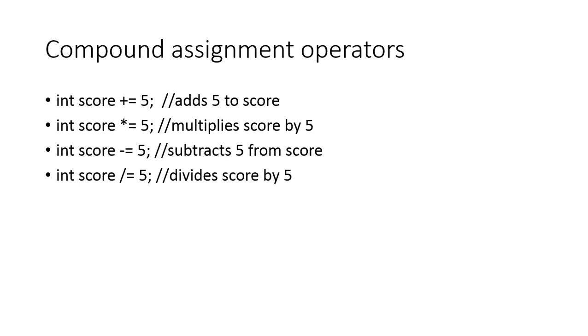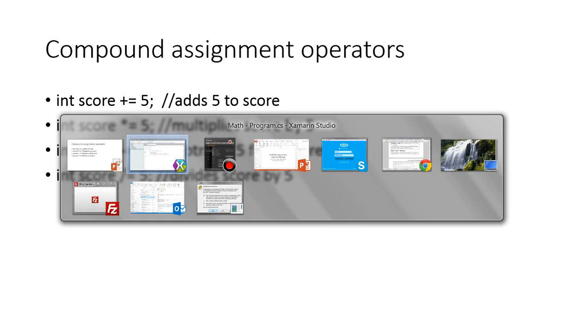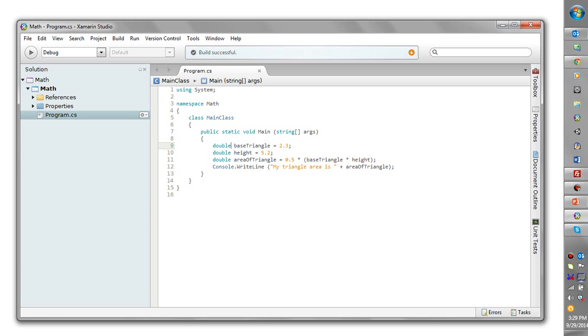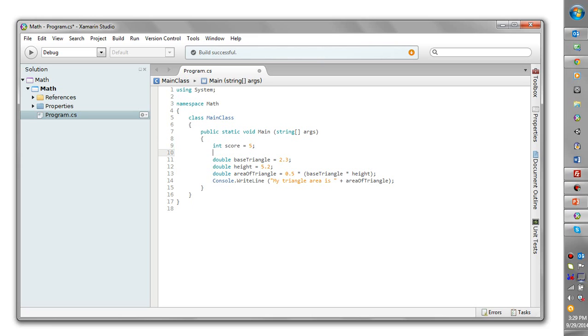Other things to keep in mind is that you can do compound assignment operators, such as int score plus equals 5, that modifies the actual value of what's in score. So that's similar to saying, for example, I'll show you on Xamarin, if we wipe this out here, int score equals 5. Now if you wanted to add another 5 to that, you could say score plus equals 5, and this results in 10.